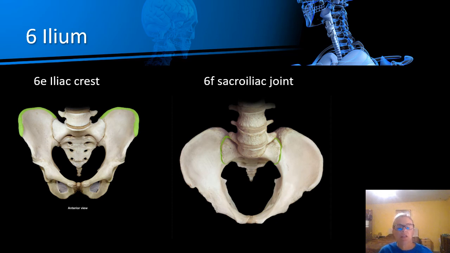And so you can see on each ilium there, we have a crest, and then we have the sacroiliac joint. And so this is where the sacrum, okay, and you can see here that we have the sacrum here, all right, at the base of the spine, is joining both ilium. And so this little green portion here is the sacroiliac joint.